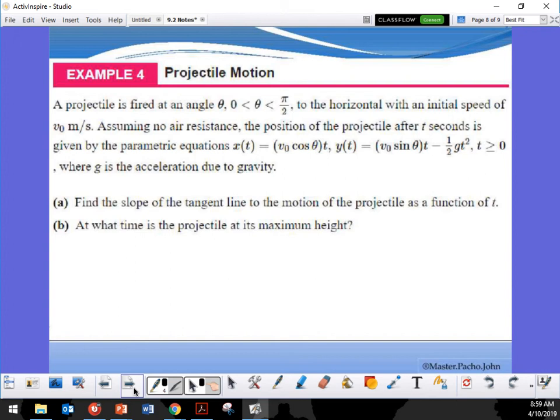Anyway, projectiles fired at an angle of theta, and theta is between 0 and pi over 2, right? It would suck if it's more than that.